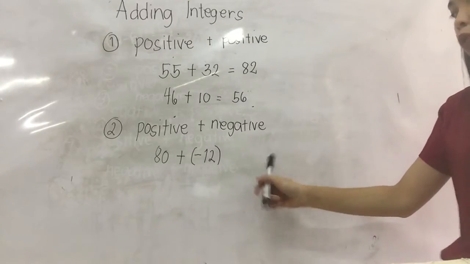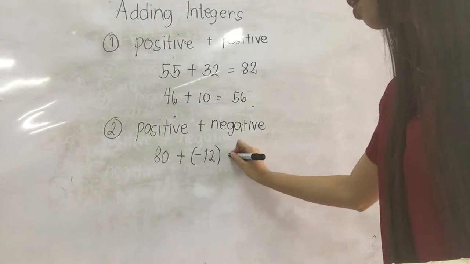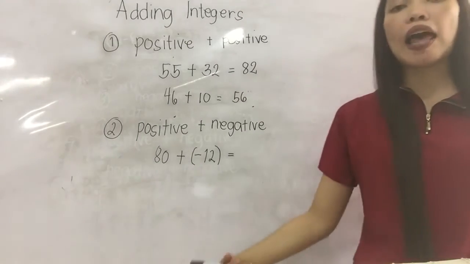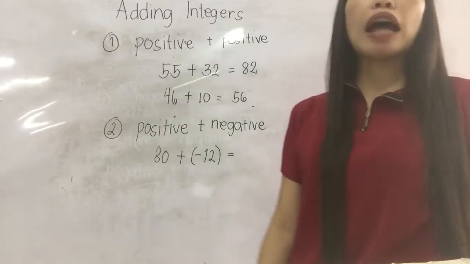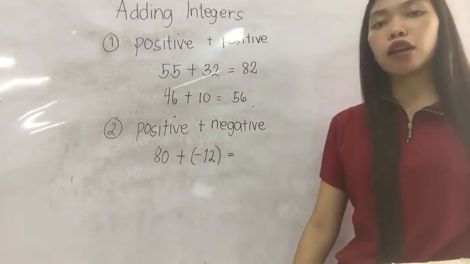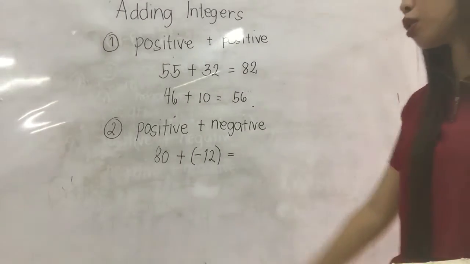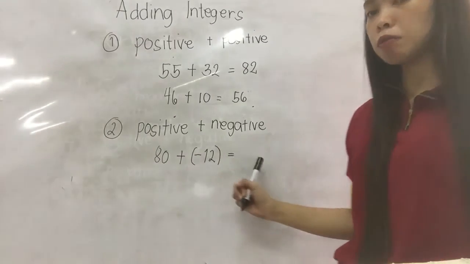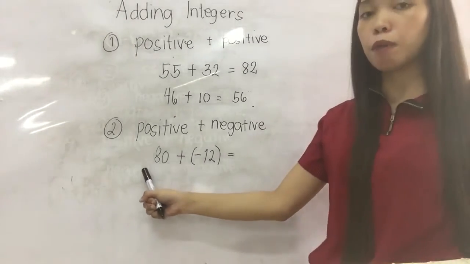So what are we going to do with this? Always remember, in adding integers with unlike signs, you have to follow or copy the sign of the larger number. The larger number is 80, so definitely our answer must be positive since 80 is positive.